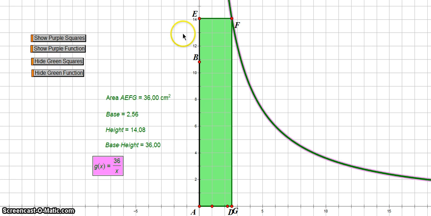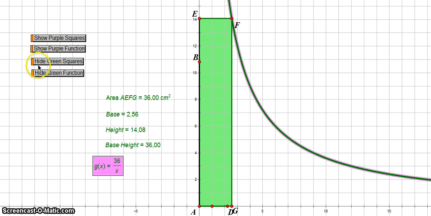Now, once again, I can show you the curve that this point is following. If I choose a definite base, for example 2.56, in order to obtain the height, you divide 36 by that base.